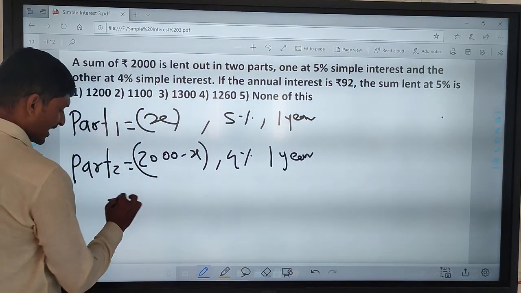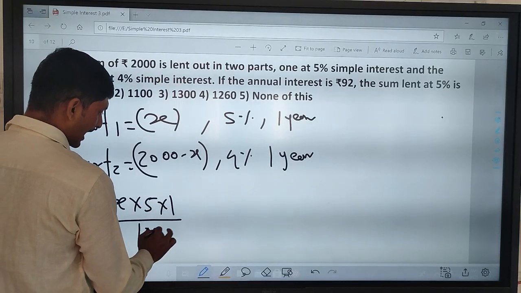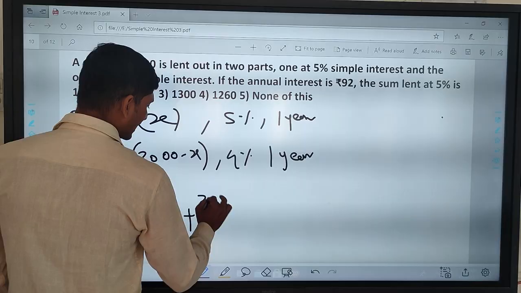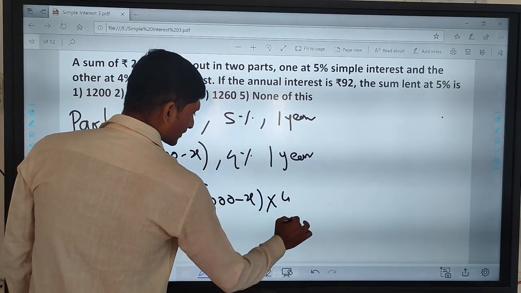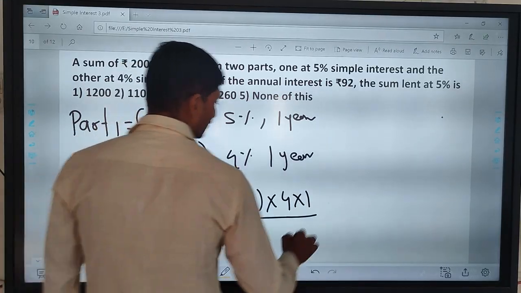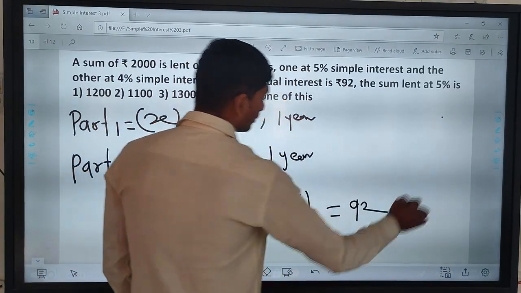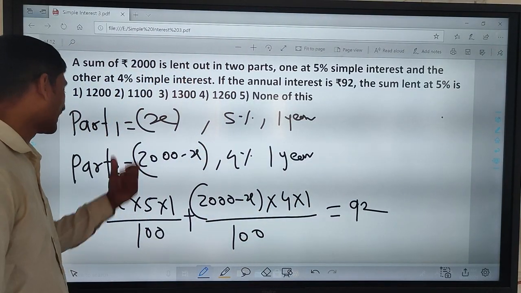We write here x into 5 into 1 divided by 100 plus (2000 minus x) into 4 into 1 divided by 100 is equal to 92. By solving this equation we get these two parts.